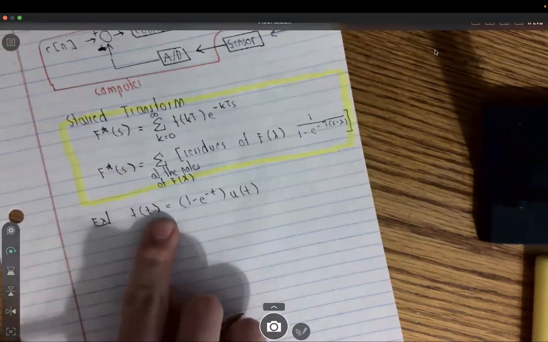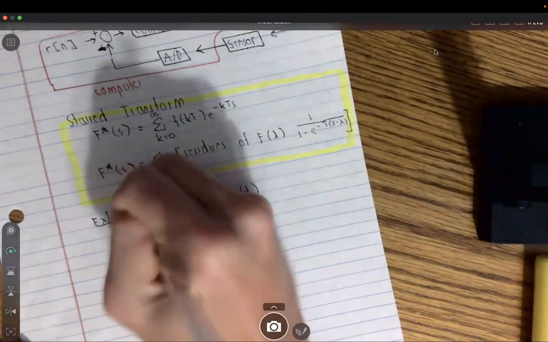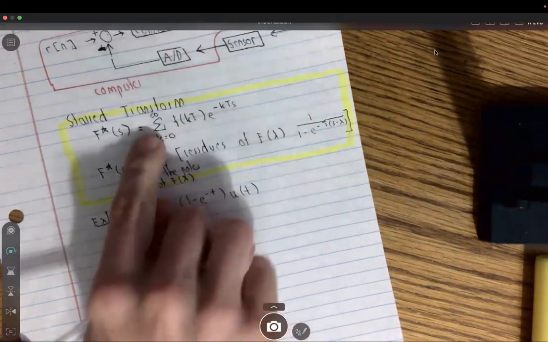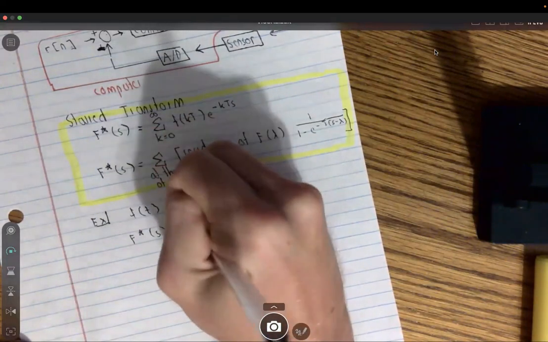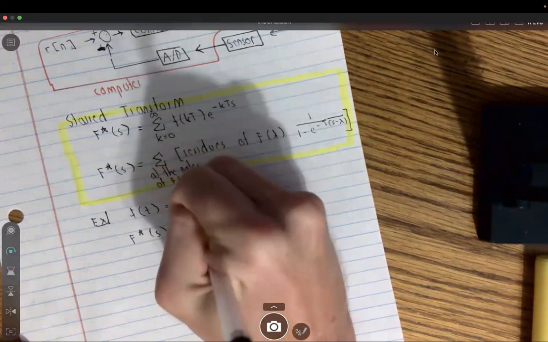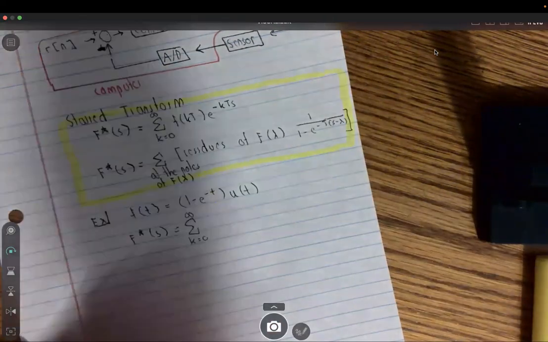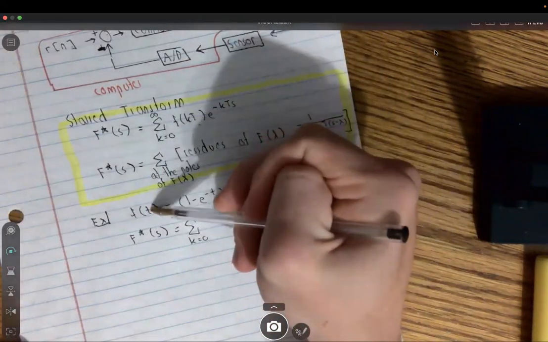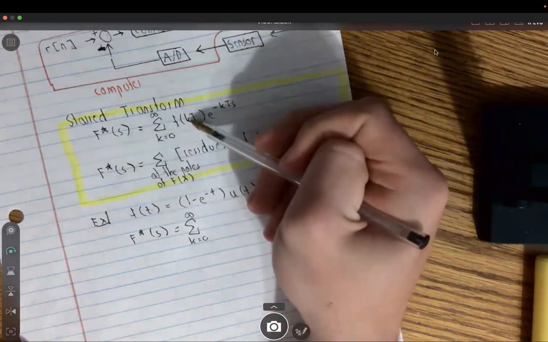So what we're going to do here, for f star of s using the first definition, is see that the sum runs from 0 to infinity. And then it's going to be f, and notice, instead of t here, you're going to let t equal kT.